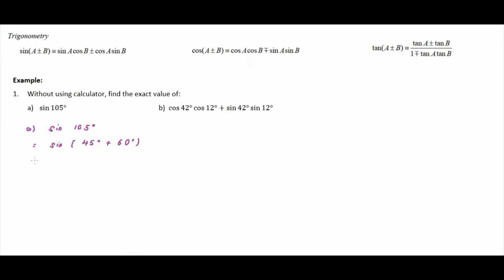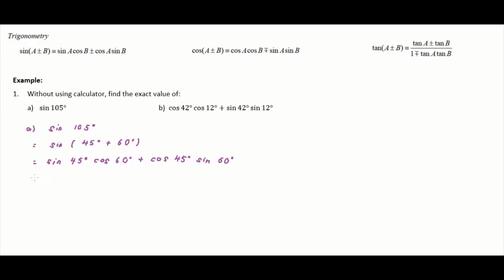Okay, so now let us expand by using the compound angle formula that we have just now. So you will have sine 45, which is your A, cos 60, which is your B, plus cos A, which is 45, and sine B, which is 60.